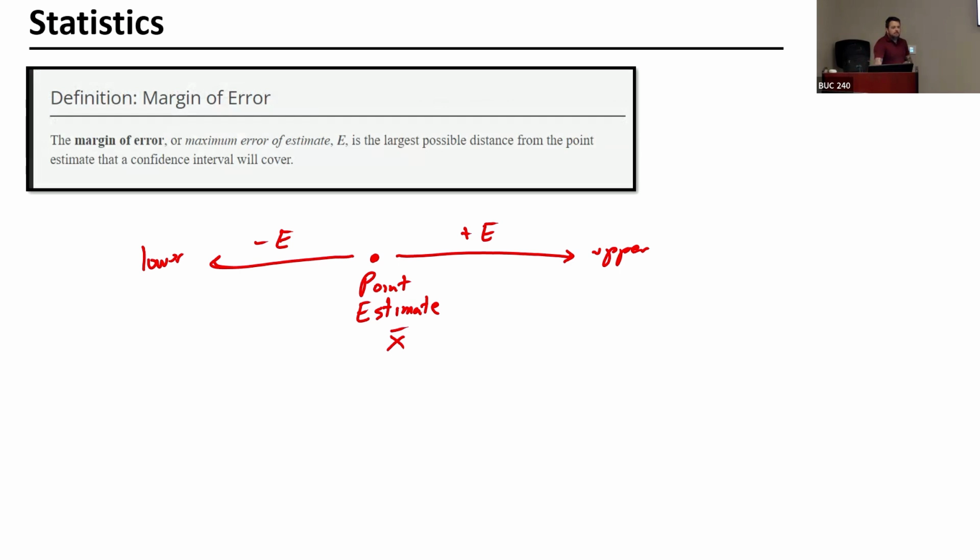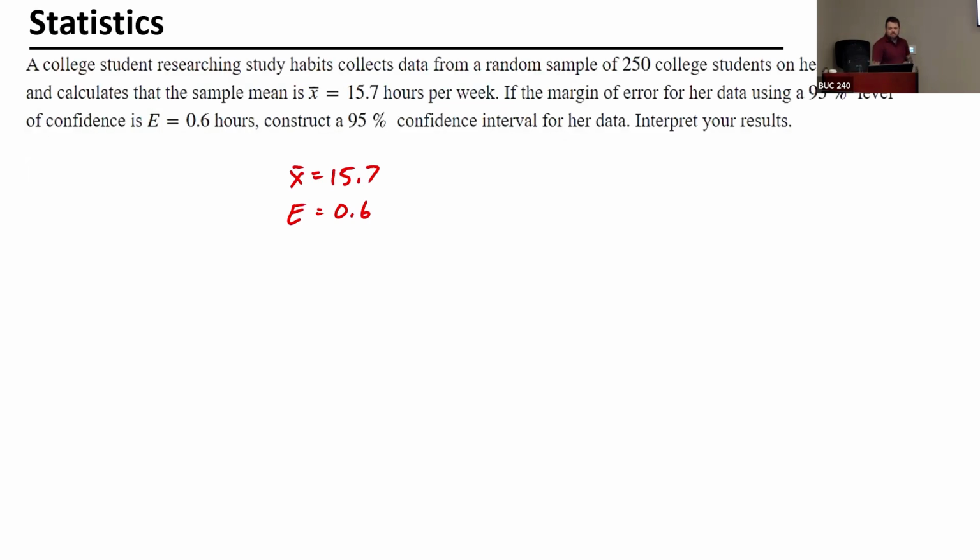Add it and subtract it. So you go 15.7 plus or minus 0.6.